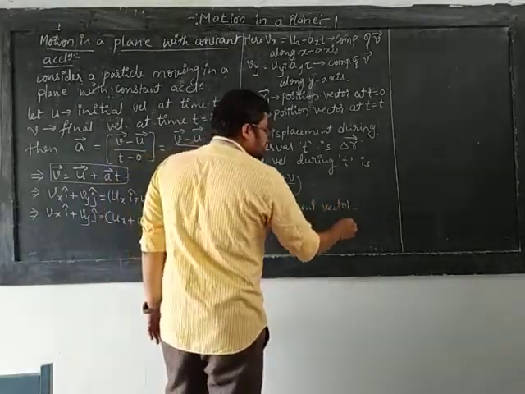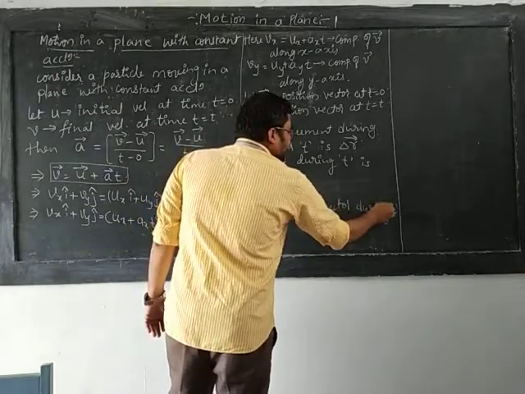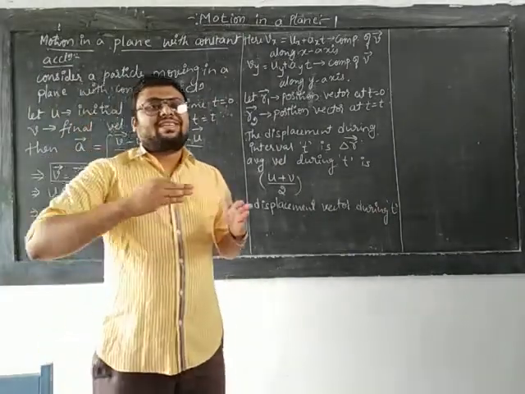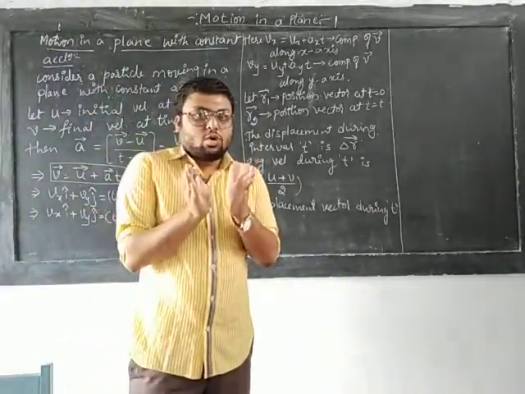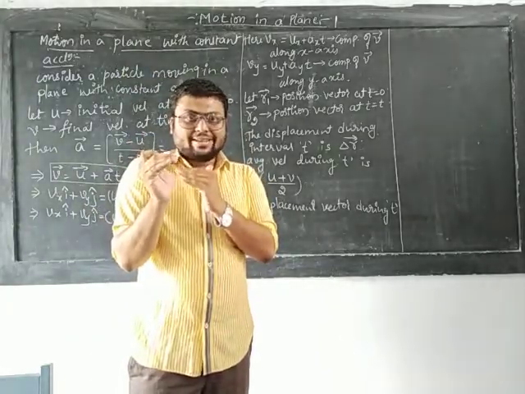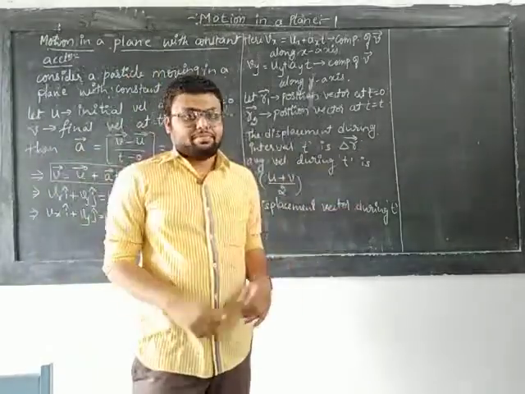Displacement is equal to velocity into time. Velocity is equal to displacement divided by time, then displacement is equal to velocity into time.